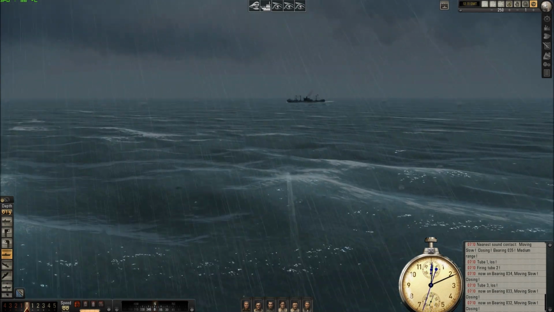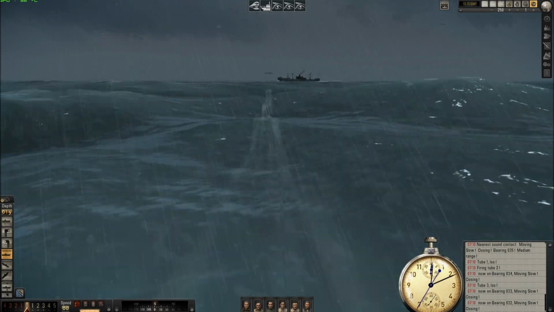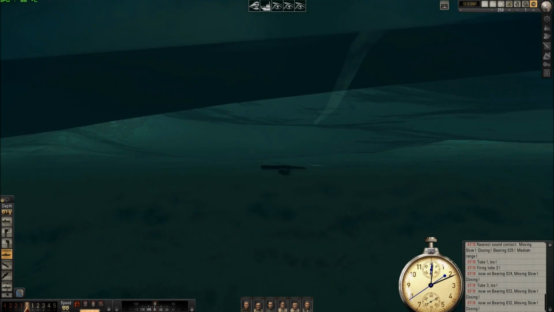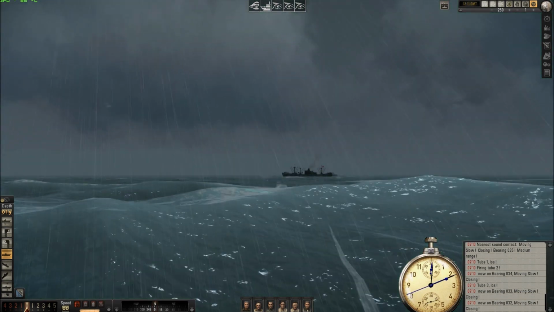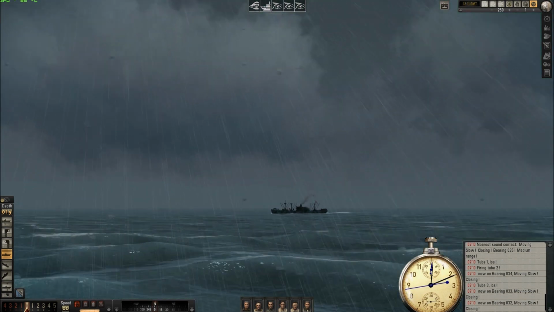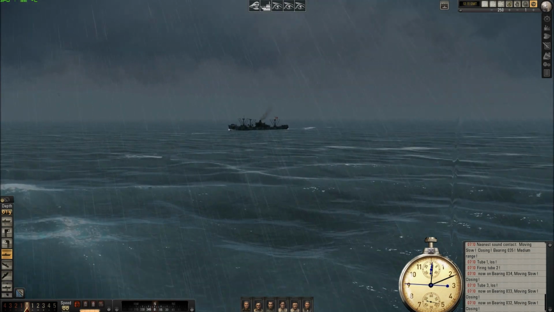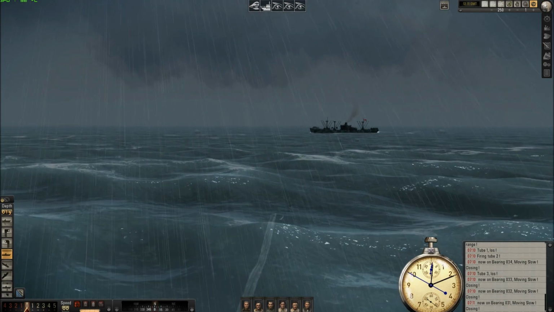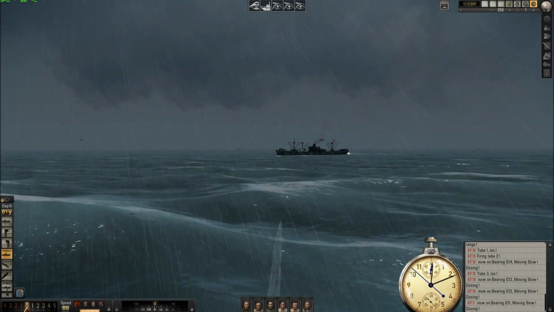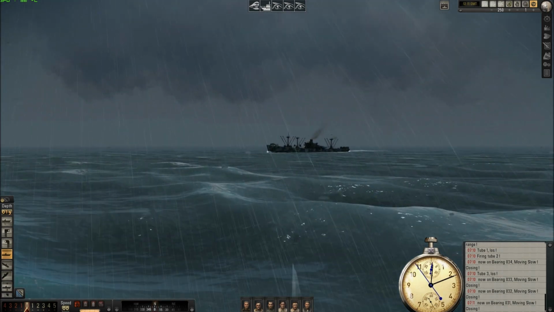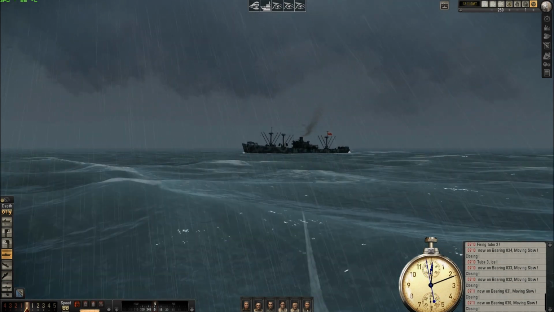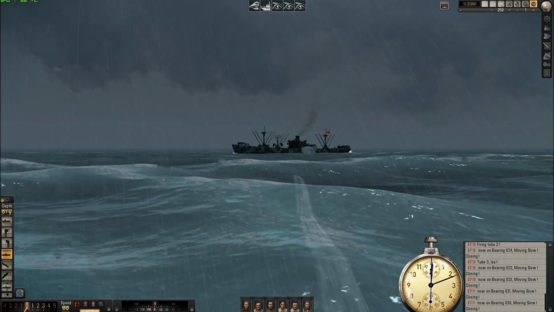This is my first torpedo. This one is magnetic. Perfect.